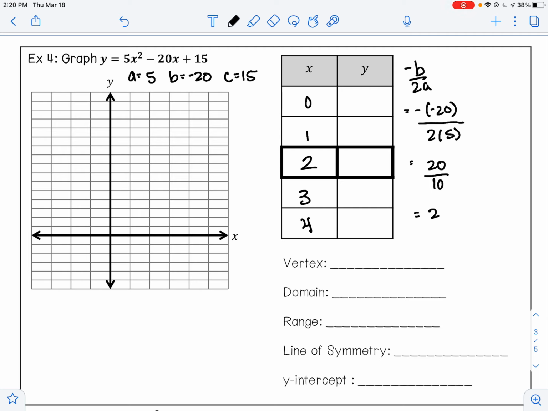Now that I know my x-coordinates, I can figure out my y-coordinates by plugging into my equation. And when I do that, my table looks like this. So now I'm going to go ahead and plot these points.